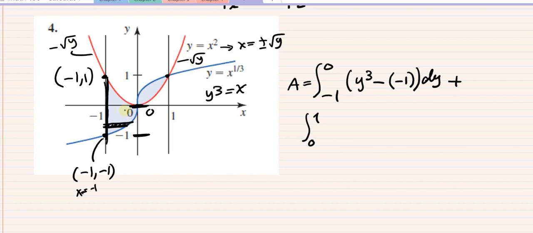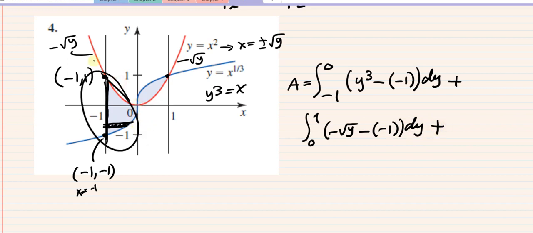Okay, so the red function is negative root y minus -1 dy, plus, so we pretty much accounted for this region. Two integrals for that, and now for this one.